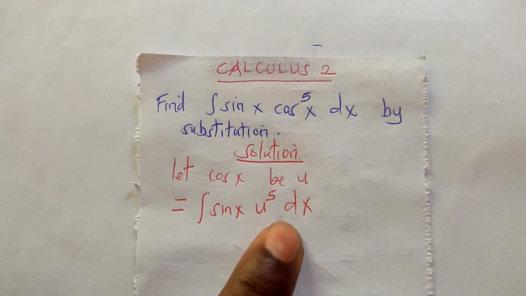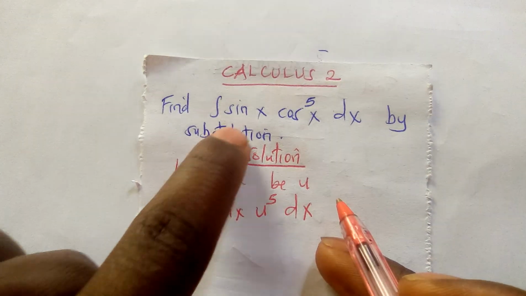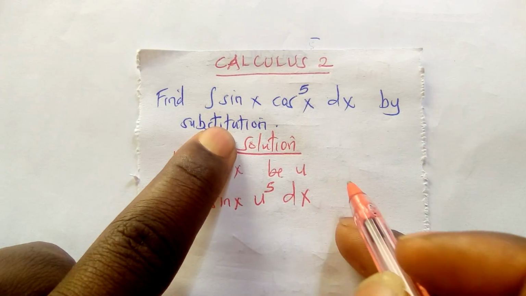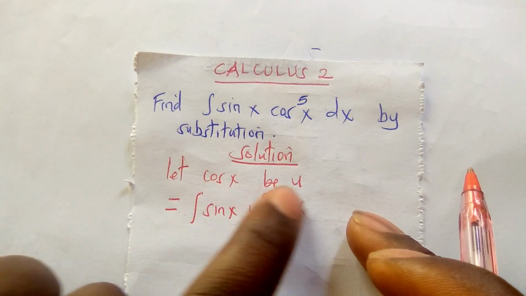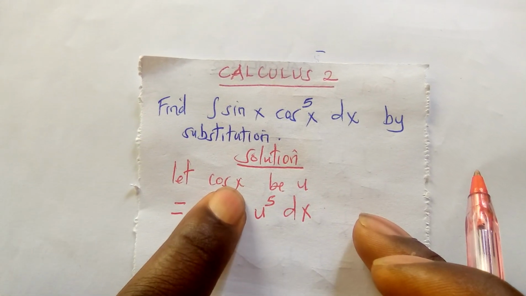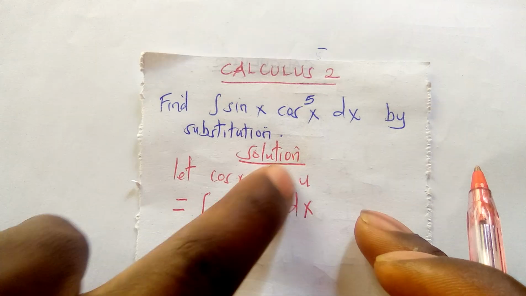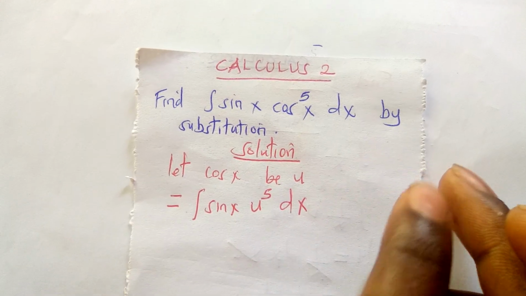Now after that, you are supposed to use substitution. How will I substitute? Remember I've said that let cos x be u, and therefore when I find du dx, then I rearrange it in a manner that I have dx is equal to something du.